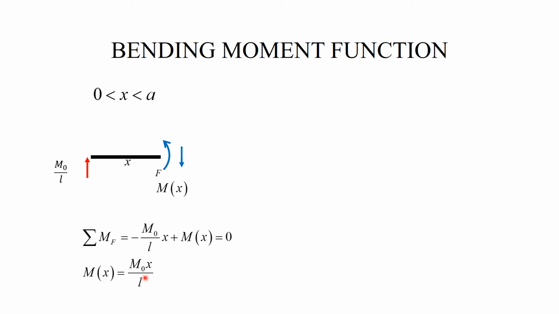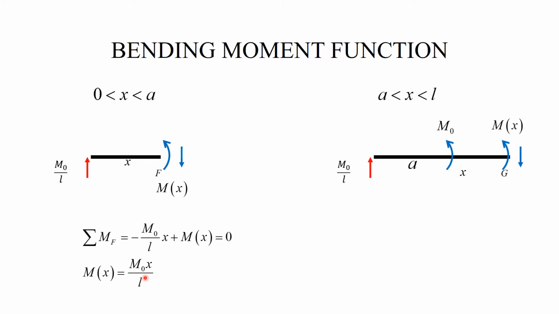Next, we proceed with the cut when X is between A and L, meaning the cut is to the right of the applied couple M naught. In this case, the free body diagram looks like this. So we have the reaction force, the applied couple, and two internal forces.